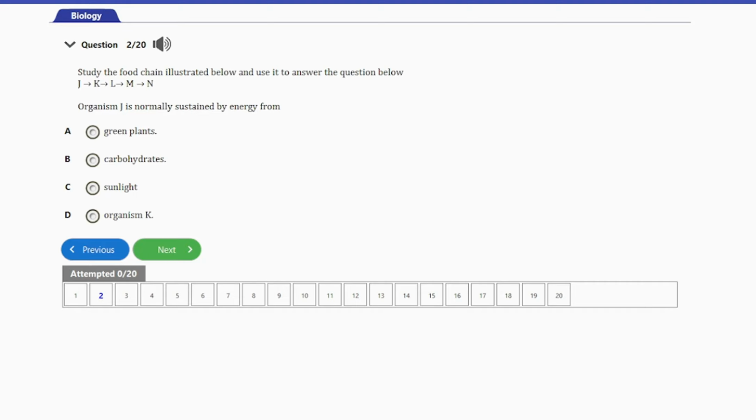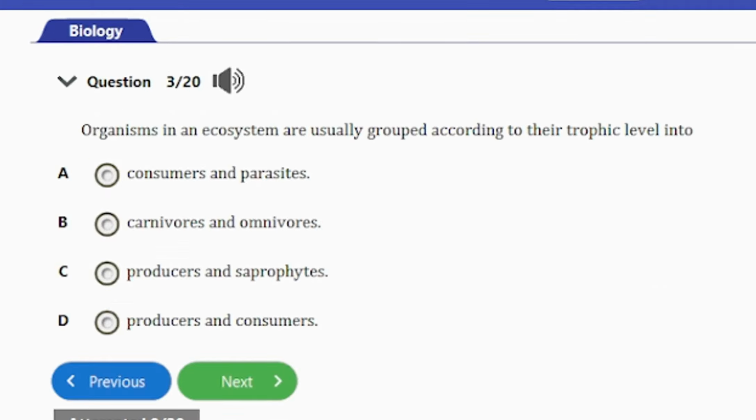Organism J is normally sustained by energy from A, green plants, B, carbohydrates, C, sunlight, D, organism K. Looking at this, you'll notice that organism J here is the primary producer, and it's basically sustained by sunlight. And that's it for this question, option C. So let's consider the next question.